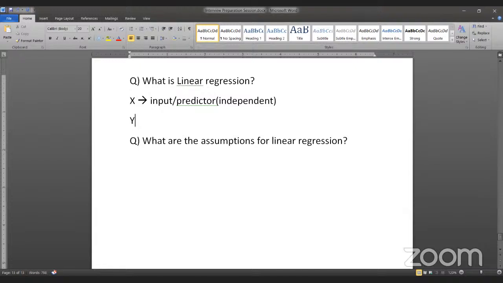And this Y we can call the output, or even outcome, and these are dependent variables.